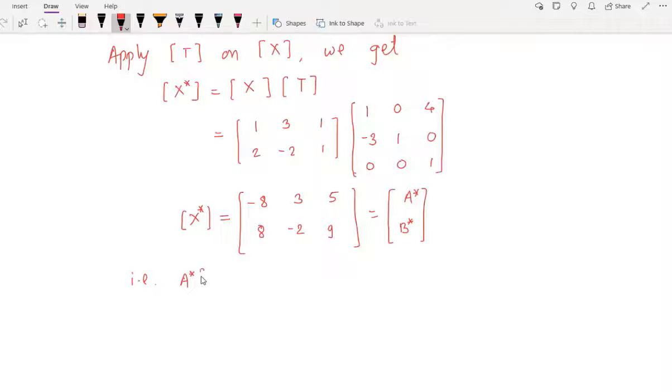A star is nothing but minus 8, 3, 5. These are the coordinates of the point A star. The coordinates of the point B star are 8, minus 2, 9. So these are the coordinates of the points after the shearing transformation on the segment AB.